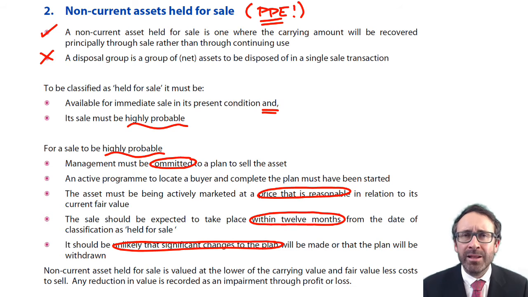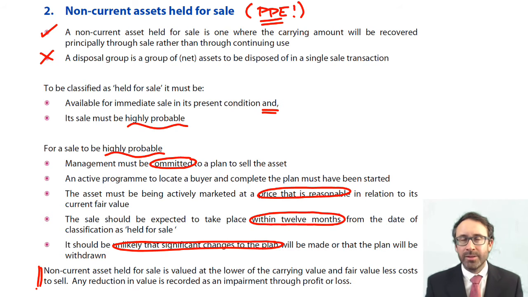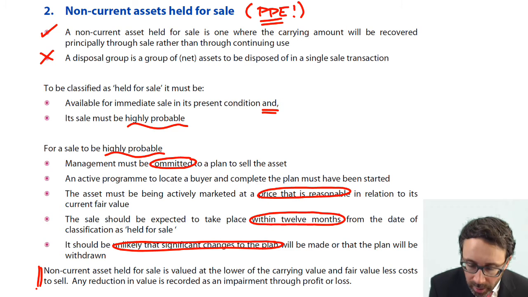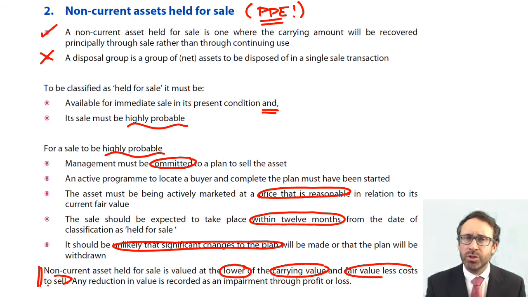What about the value? What amount are we going to hold it at within your financial statements as a non-current asset held for sale? Well, the information that you require is here. So your non-current asset held for sale is valued at the lower, that's important, of the carrying value and fair value less cost to sell.